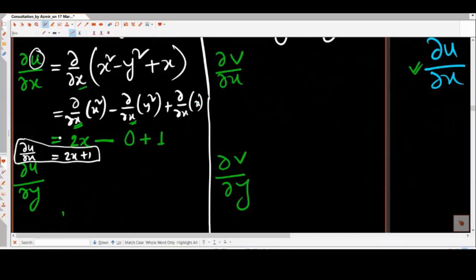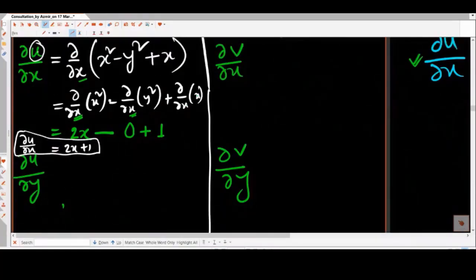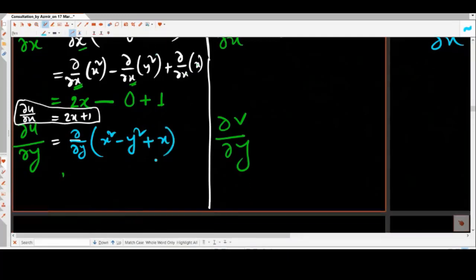Let's find similarly du/dy. The function u is x squared negative y squared plus x. This time we are differentiating in terms of y, so that means x is constant.